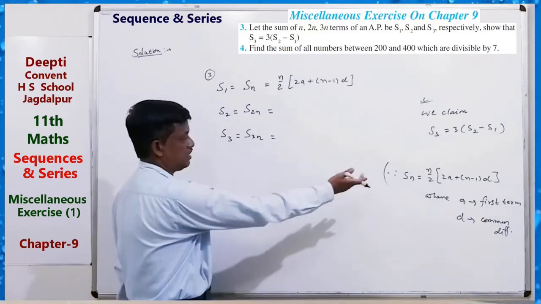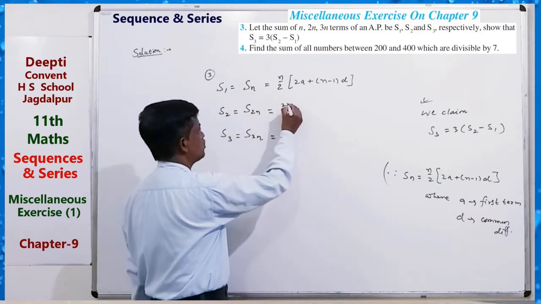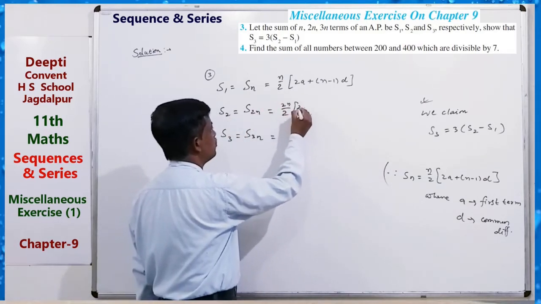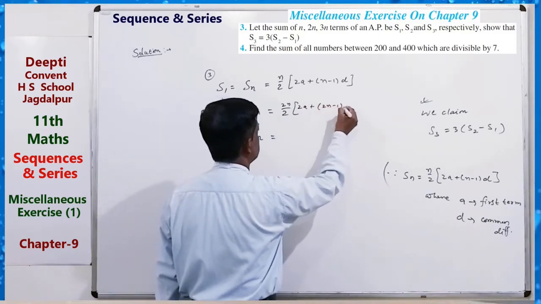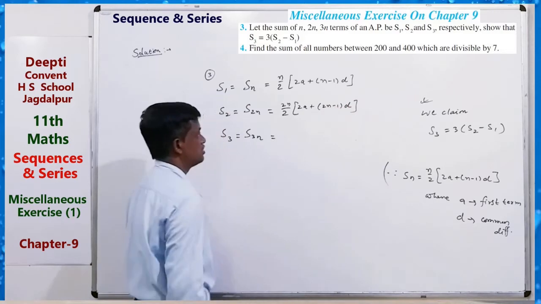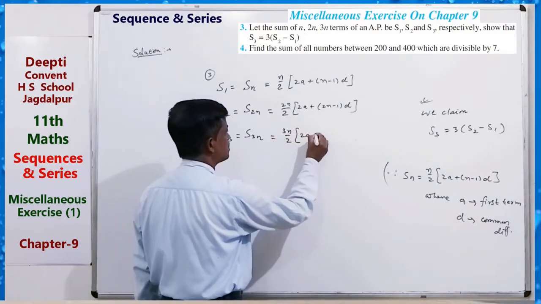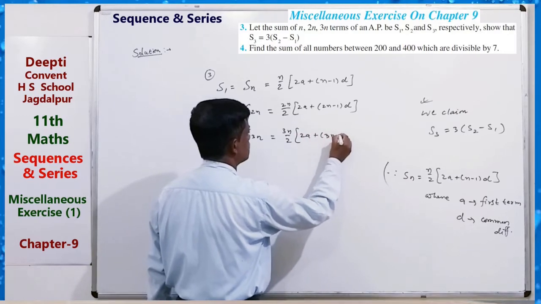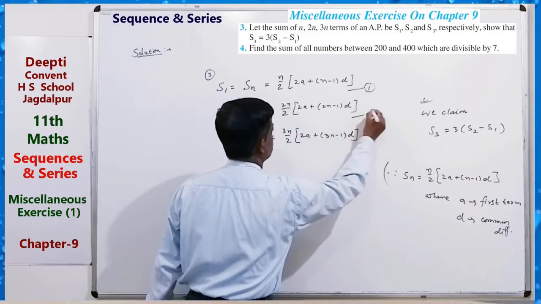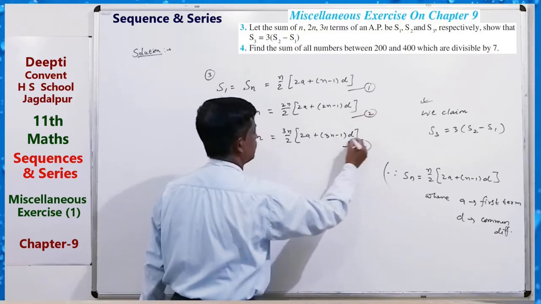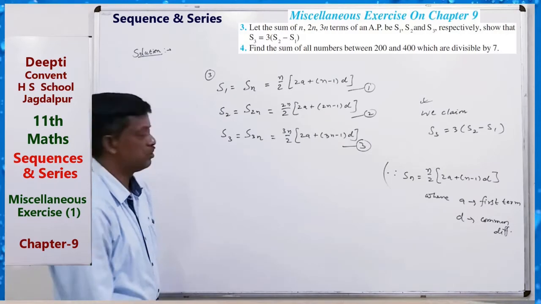So just write by using this formula, the value of S2 equals 2n upon 2 times 2a, a first term, plus 2n minus 1 into d, and d the common difference. Similarly here S3 equals 3n upon 2 times 2a plus 3n minus 1 into d. This is 1, 2, 3, there are 3 equations. Now we have to claim this, 3S2 minus S1.